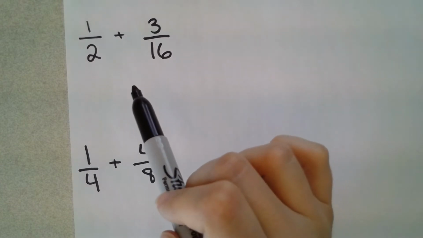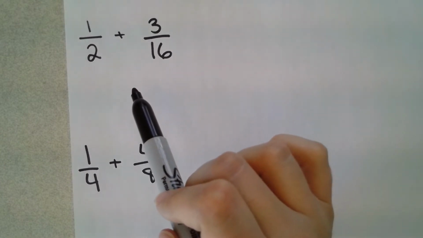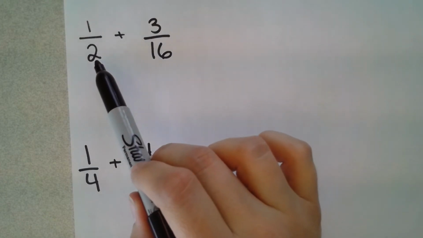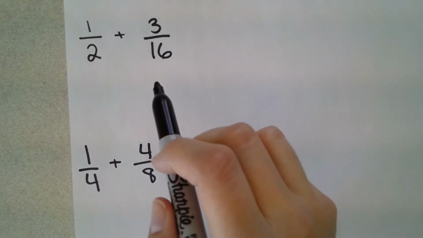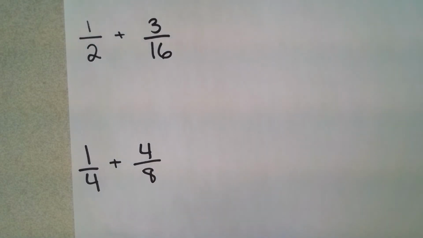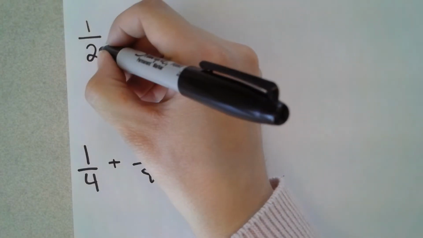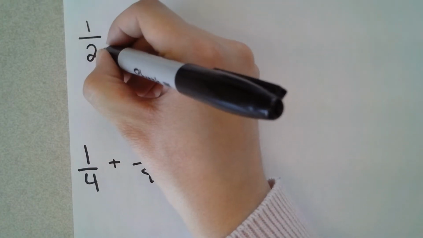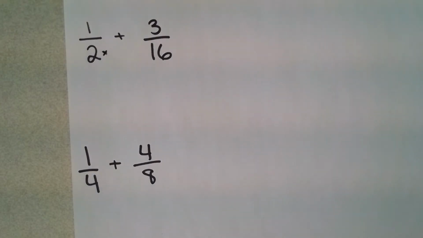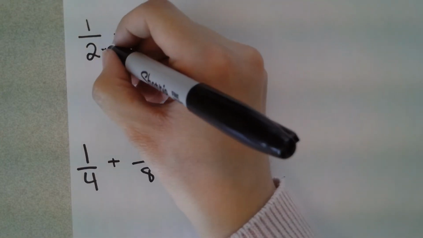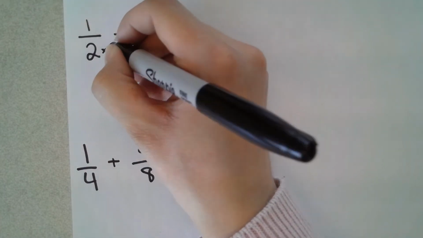And the way that we do that is multiplication, or times. So that means that we need to multiply the smaller number by something to make it equal the bigger number. So 2 times what is going to give me 16? You can check on your calculator if you need. 2 times 8 is going to give me 16.